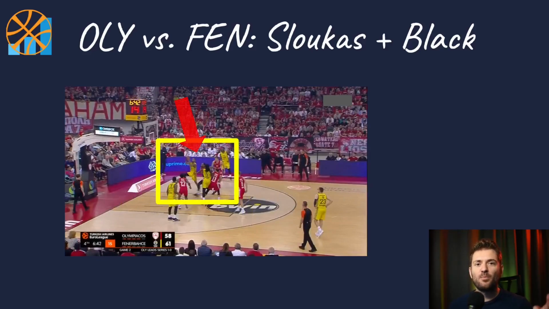With Sloukas, Bolomboy and Black, we saw for the first time Olympiacos' centers being outside of the 3-point line. Or, as in this case here with Black, we saw for the first time an open defense that gave such an easy look to Fenerbahce.